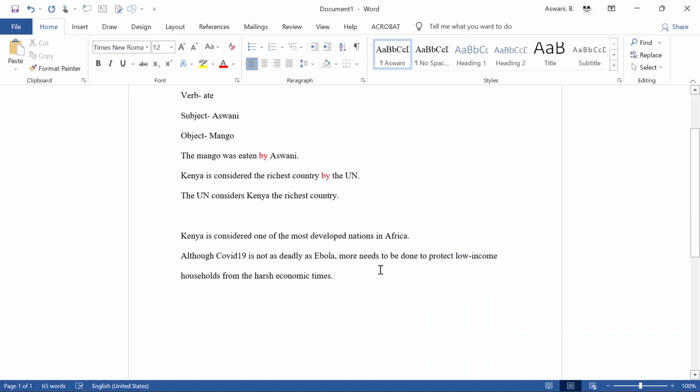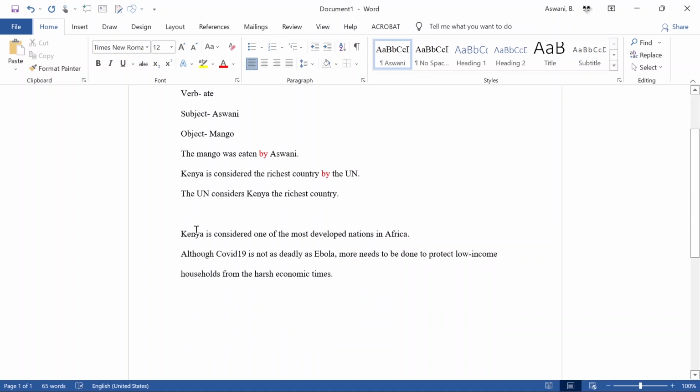So here we have some sentences. The first one is "Kenya is considered one of the most developed nations in Africa." The second one is "Although COVID-19 is not as deadly as Ebola, more needs to be done to protect low-income households from the harsh economic times."